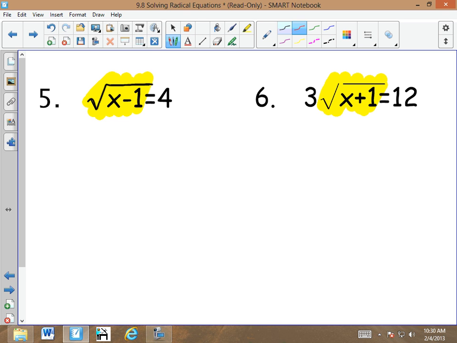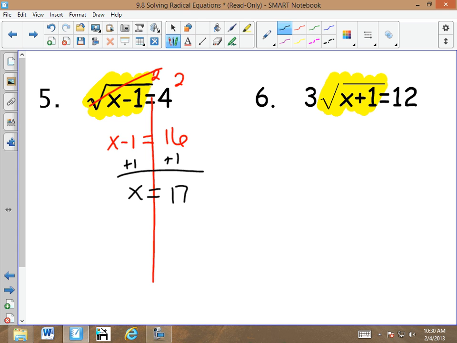So let's deal with number 5 first. Everything is alone. Even though there's two things inside my square root, it's all inside the square root. So the square root's alone. So I square both sides. X minus 1 equals 16. Am I done? No, x isn't by itself, is it? So how do I get rid of the minus 1?